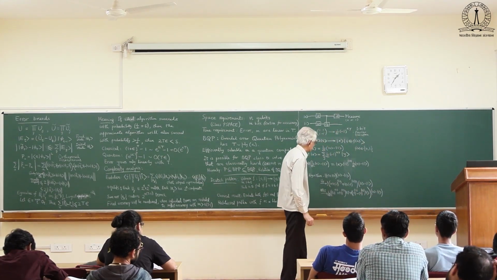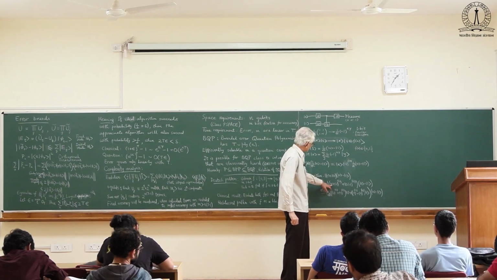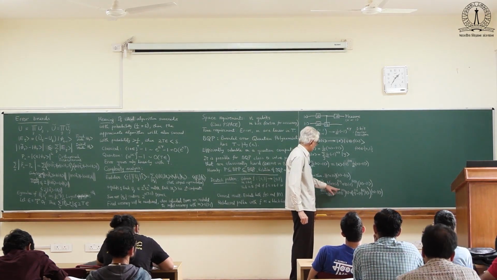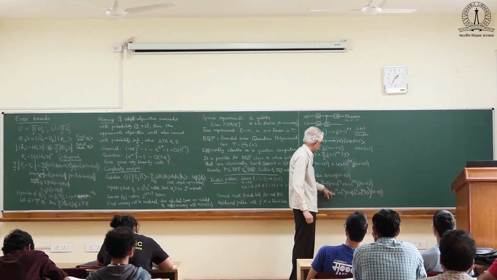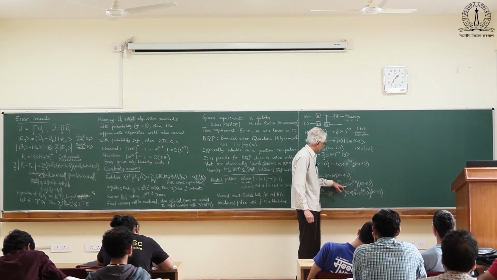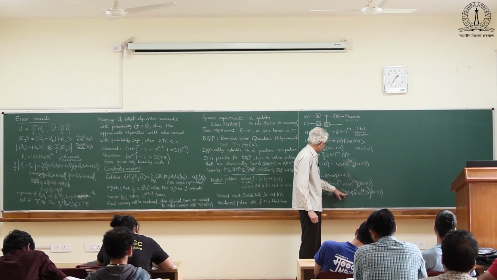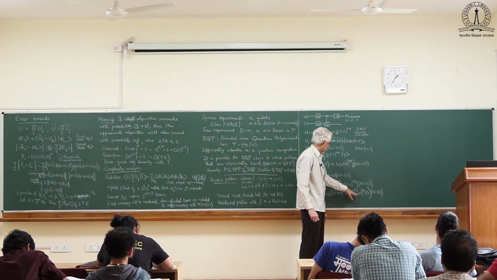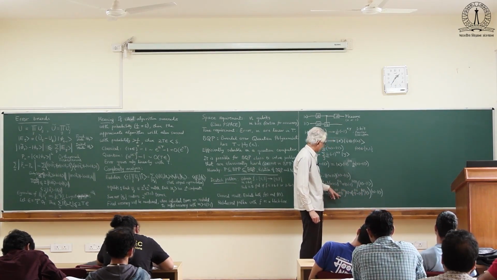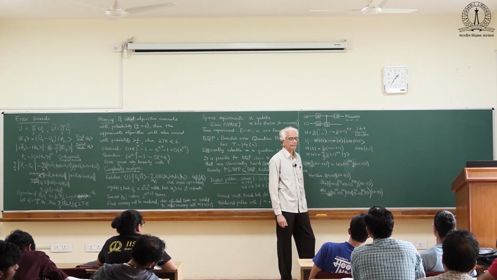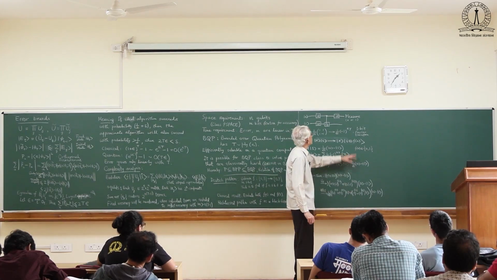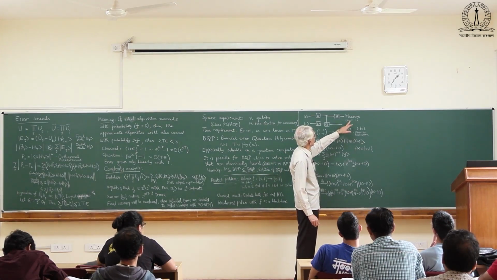Nothing happened over here. So 0 produced two terms, 0 plus 1, with the factor minus 1 raised to f of 0. And 1 produced two terms, 0 and minus 1, with a factor of minus 1 raised to f of 1. And that is the stage where I measure.